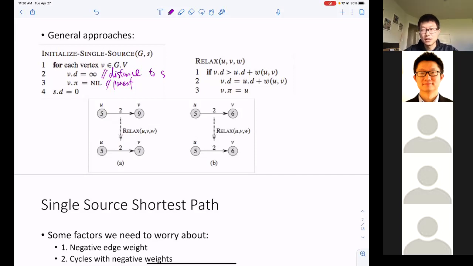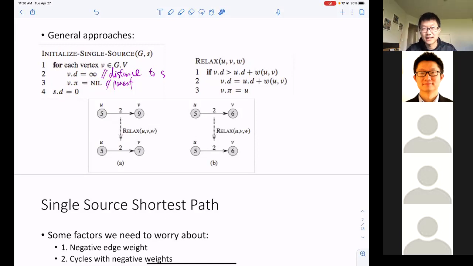Before we do any search, basically what this function does is that it associates each node with a nil parent, and for any node except for the source, it associates an infinity distance, whereas for the source node, it associates a zero distance.